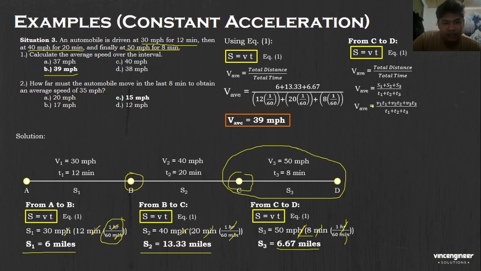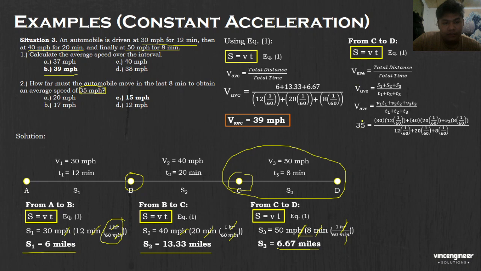Gets? So V1 T1, V2 T2, since S2 is equal to V2 times T2, over the total time T1, T2, T3. Next, we substitute everything: the average speed of 35.